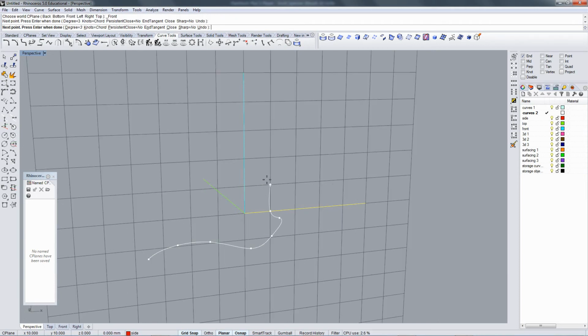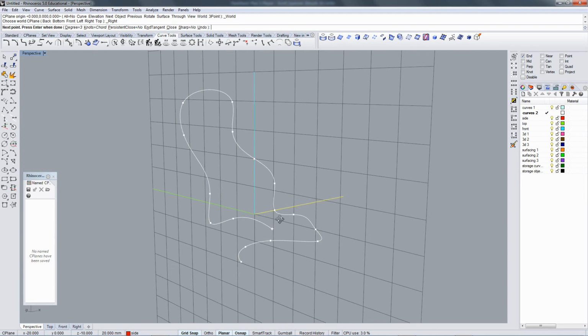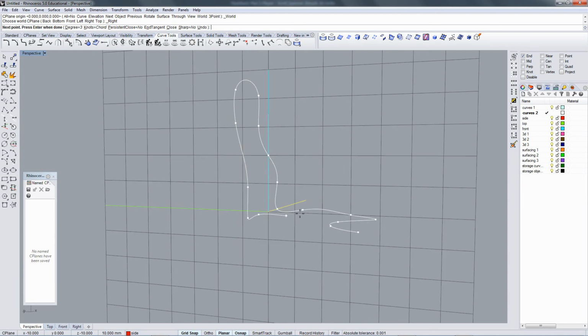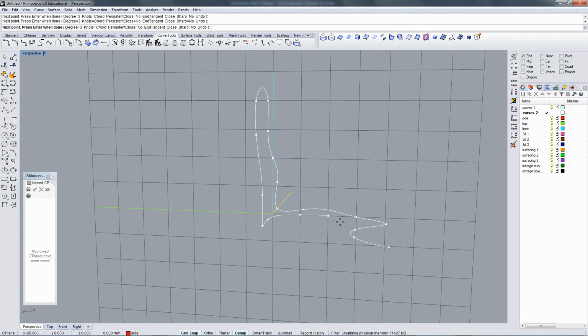Front C-plane active, I'm working in X and Z coordinates. Right C-plane active, I am working in Y and Z coordinates.